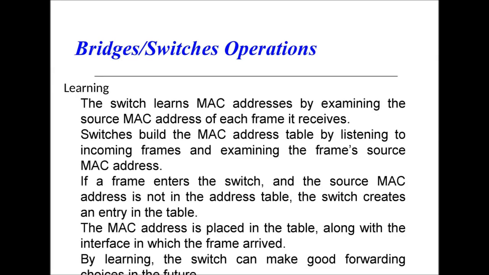Number one, if the source and destination LANs are the same, discard the frame. What does it mean? It means that if the source device and destination device are in the same local area network segment, then the frame will be discarded.